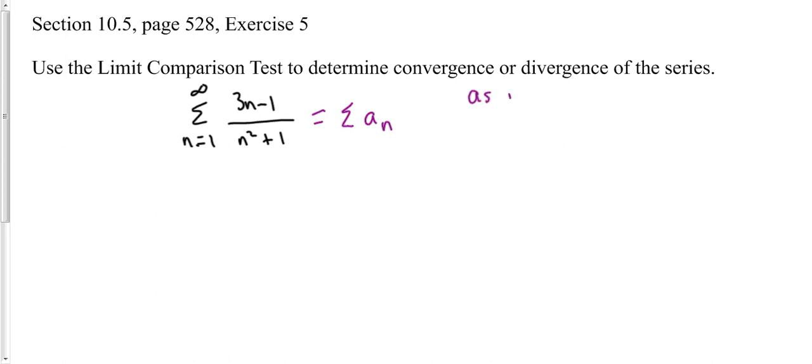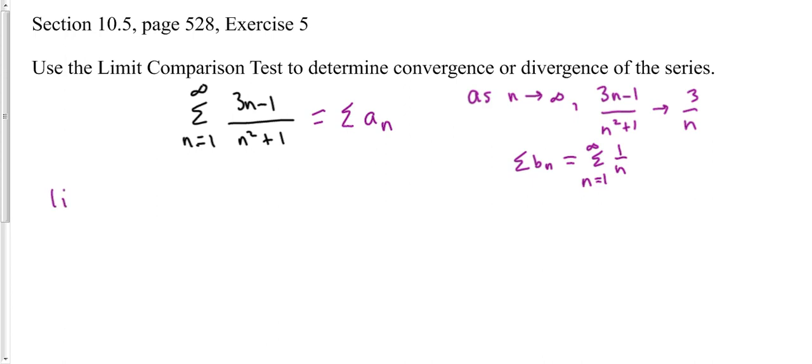If we note that as n goes to infinity, our original series, (3n minus 1) over (n squared plus 1), is going to behave as 3 over n, we could let our b_n series be equal to the series from n equals 1 to infinity of 1 over n.